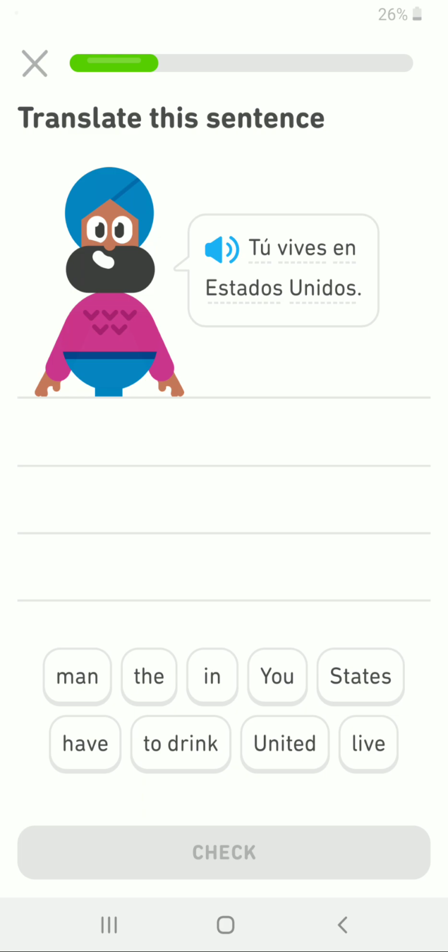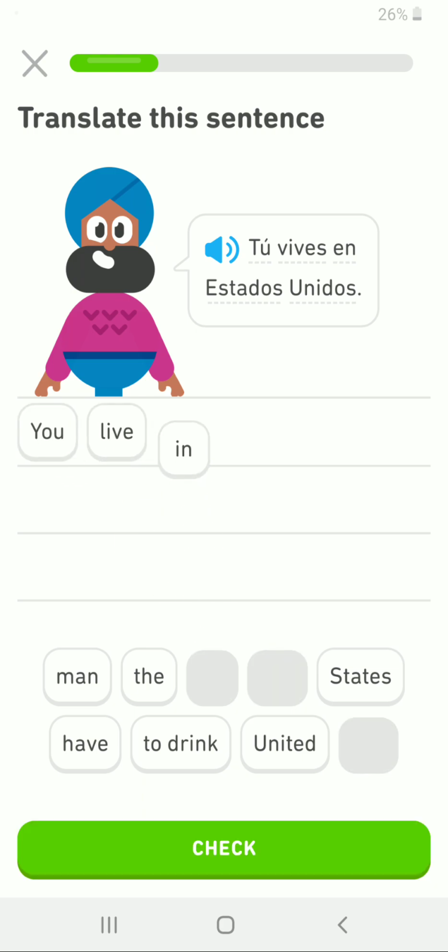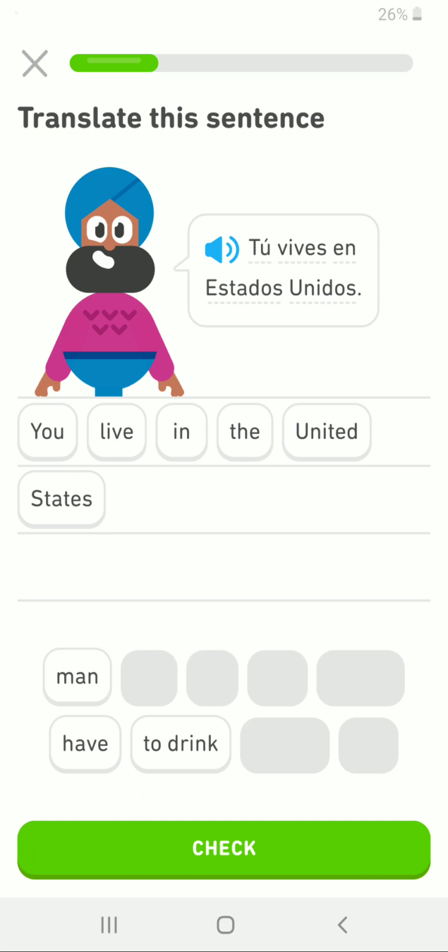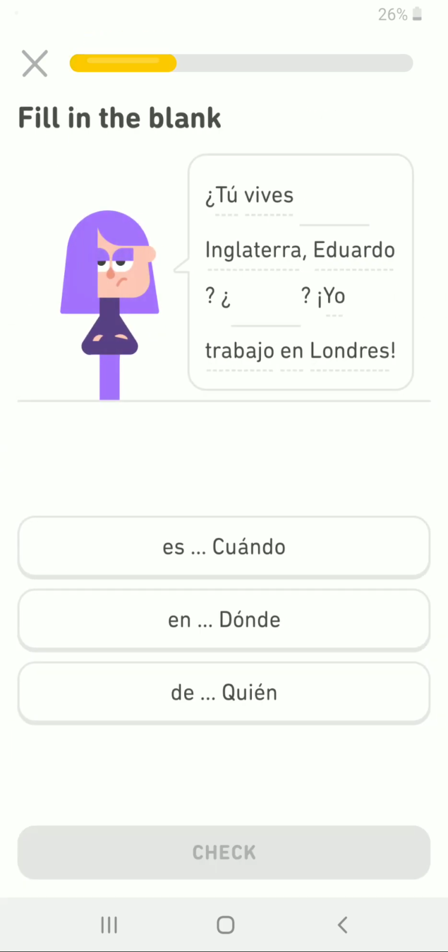Tú vives en Estados Unidos. You live in the United States. Normally they say los Estados Unidos. Maybe when you say en, you don't have to say el or los.